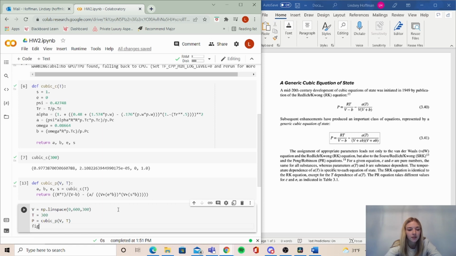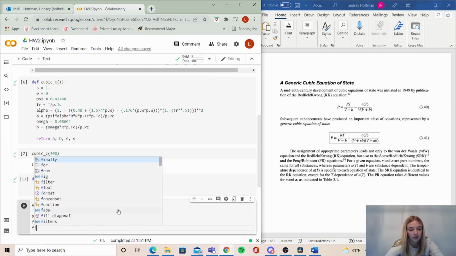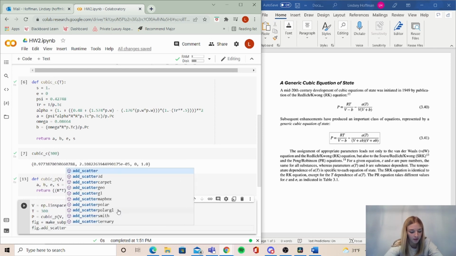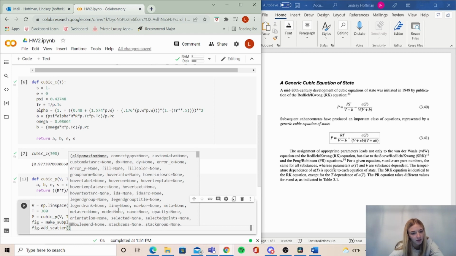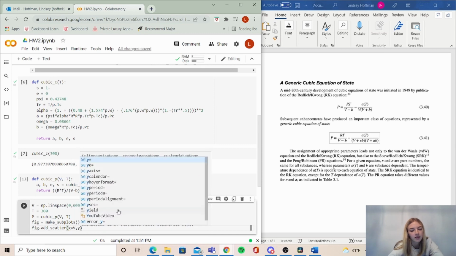So we'll have a figure equal to make subplots. Next, we do fig add a scatter to add our scatter plot. So we need to define what our x and y variables are. So our x is going to be the volume, and our y is going to be our pressure.